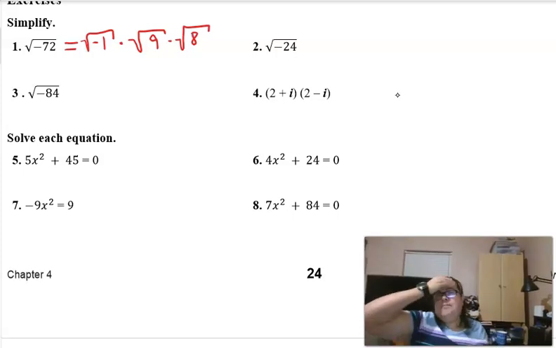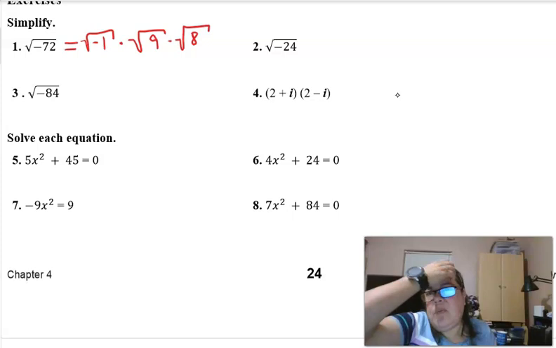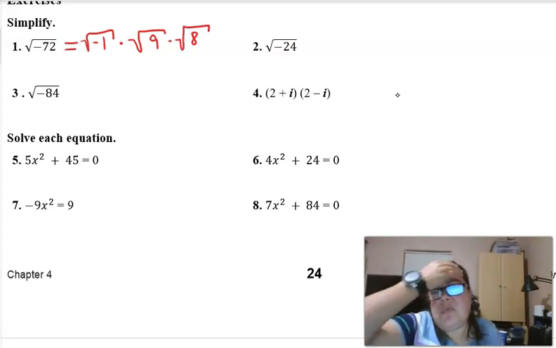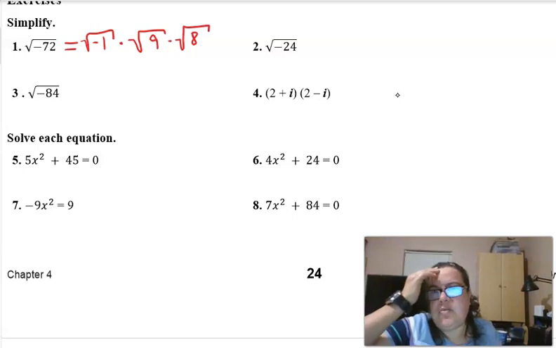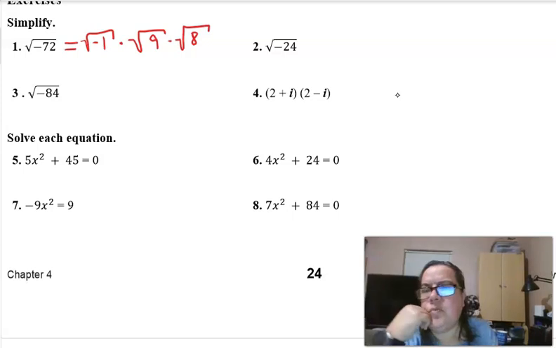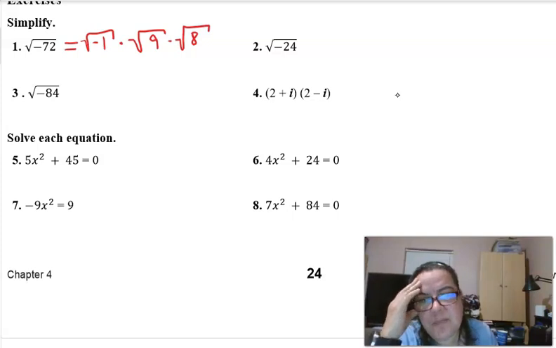But I could probably find a larger root of 72. Let's see, does 16 go into 72 evenly? I guess I'll find out once I do my calculations.